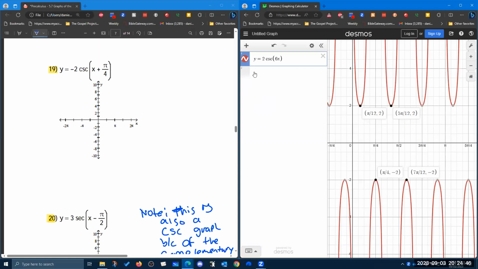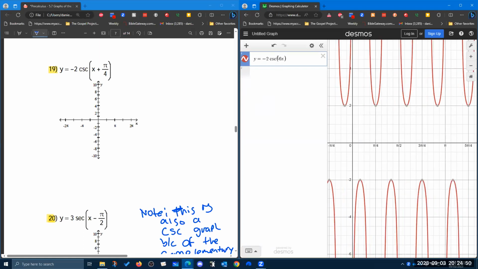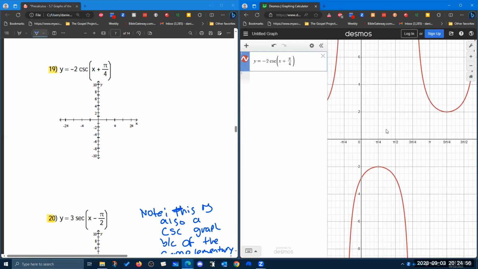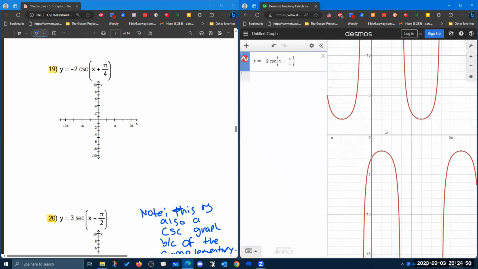Right, let's make this a negative 2 cosecant of x plus pi over 4. And we're going to have to zoom back out a little bit. Now it's shifted pi over 4 to the left. It's been reflected across the x-axis, and it's been stretched by 2 so that it's going to stay between negative 2 and 2 for the y values.